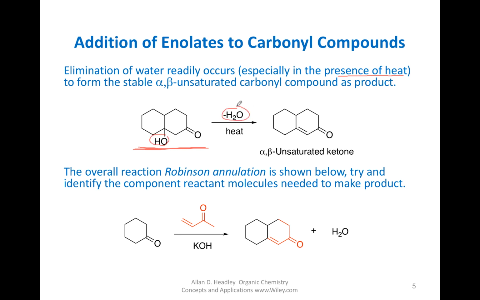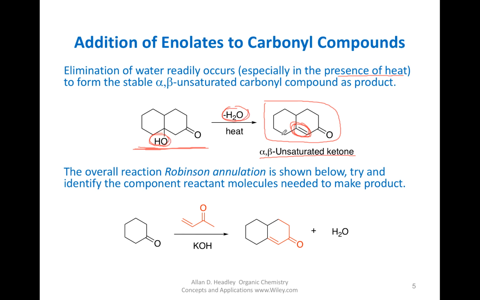Elimination of water is possible to form another alpha beta unsaturated ketone. So this becomes the product of your Robinson annulation, an unsaturated ketone, where this double bond is coming from the dehydration, or the elimination of water, from this molecule.